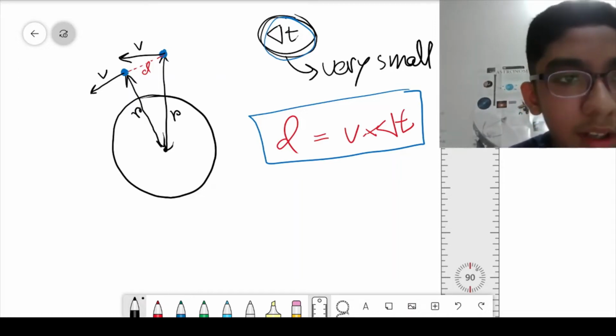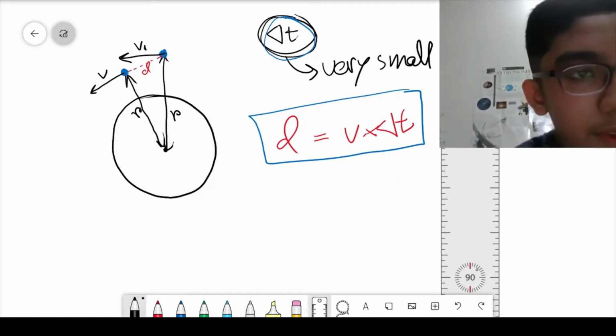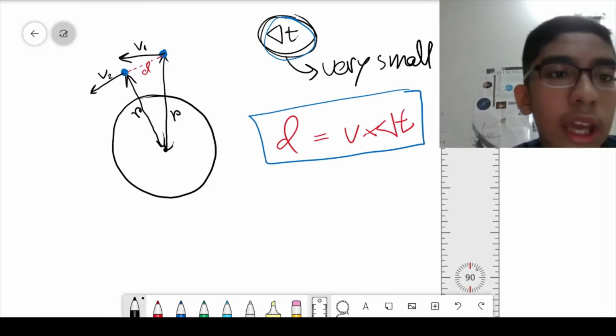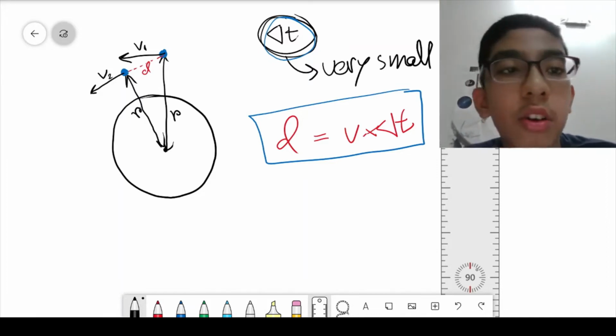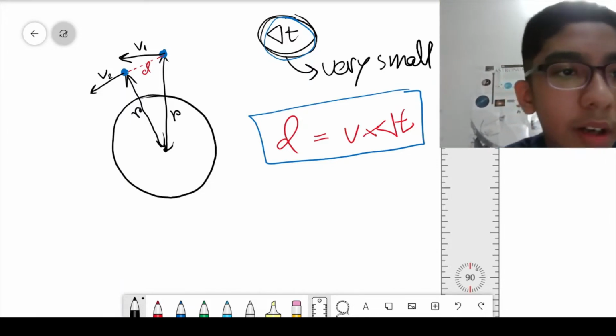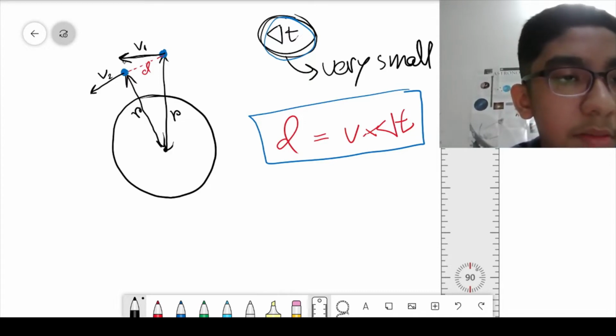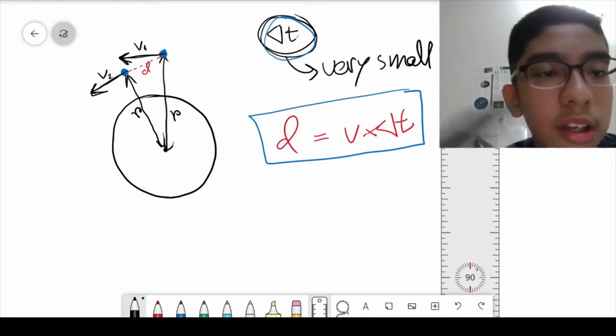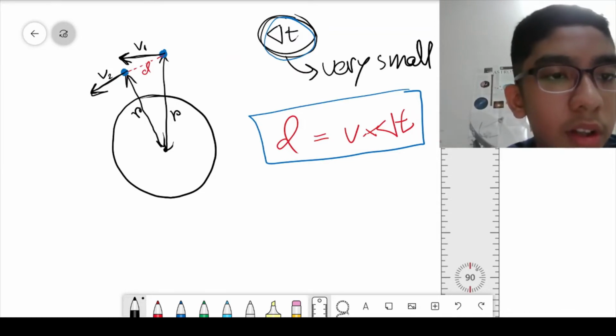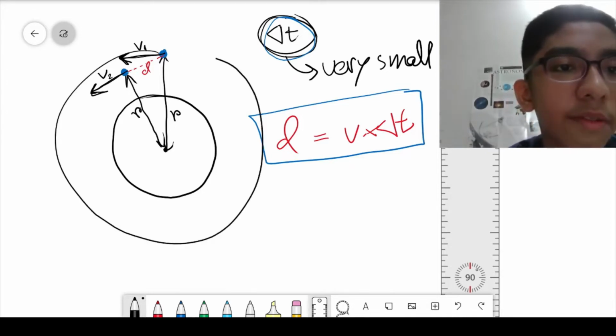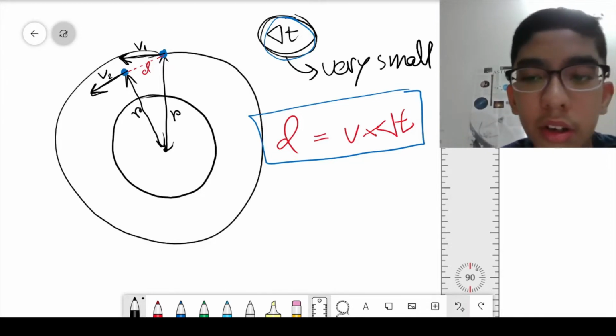Now see that we can call this v1 and we can call this v2, and these will not be the same. But I said earlier that this cannot change, or else if you change the velocity, that will not be a specific velocity that will keep it in orbit.